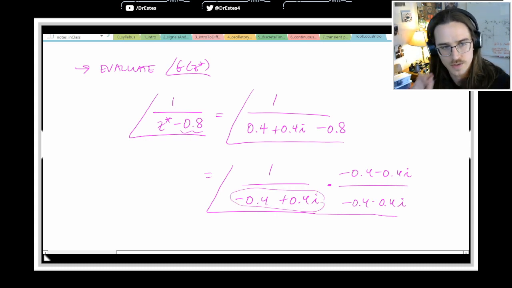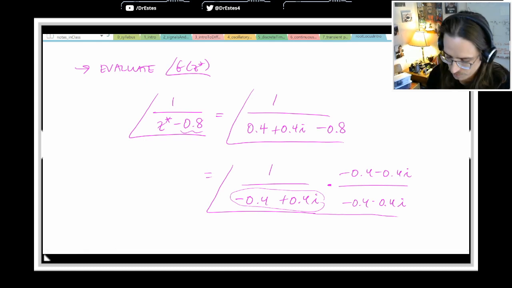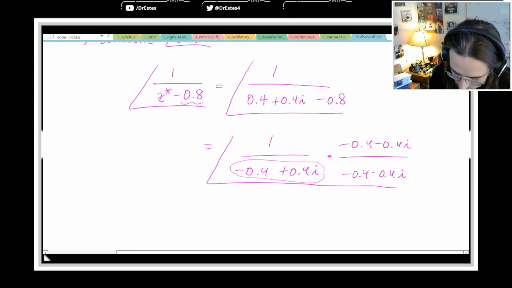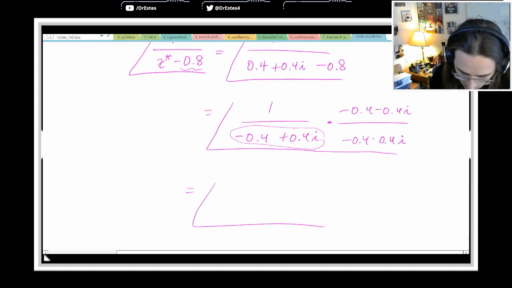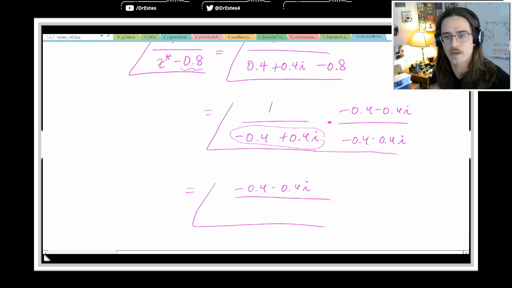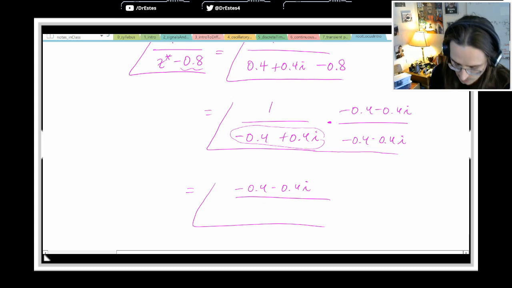Really, I just want to turn this into a regular complex number like a plus b times i. So if you do this, it's going to get rid of the complex number in the denominator. So I'm going to have minus 0.4 minus 0.4i in the numerator, and the denominator is going to be minus 0.4 squared plus 0.4 squared.